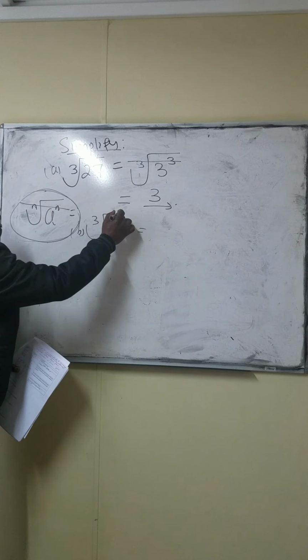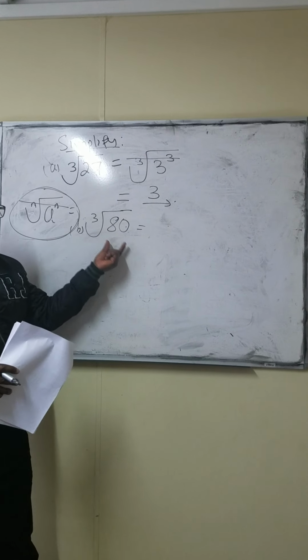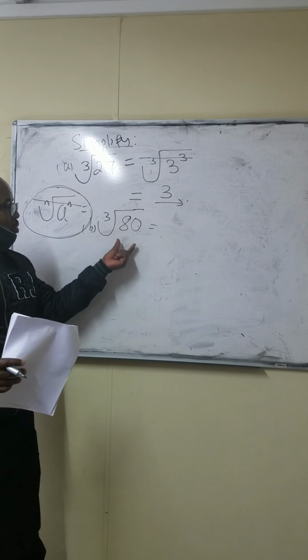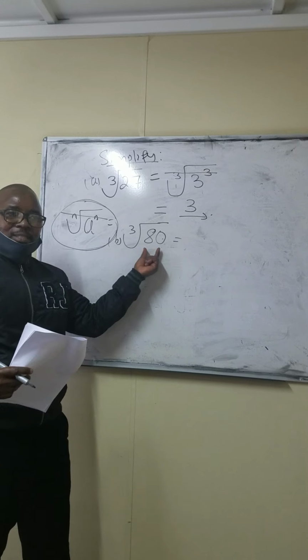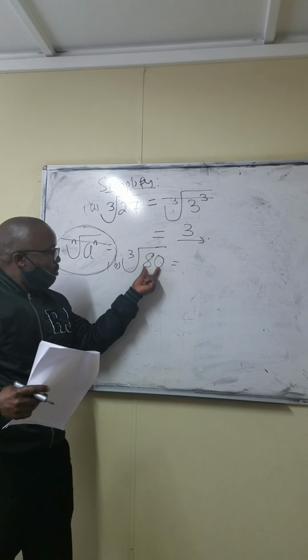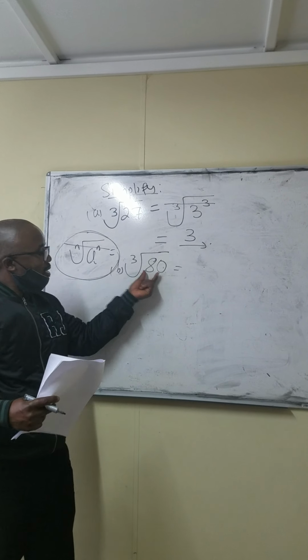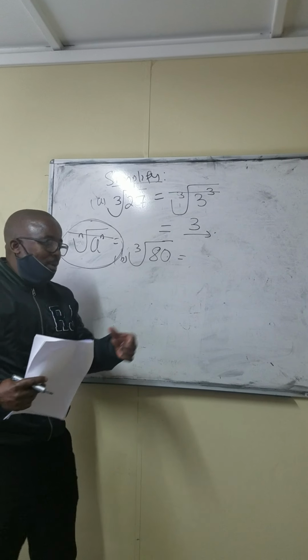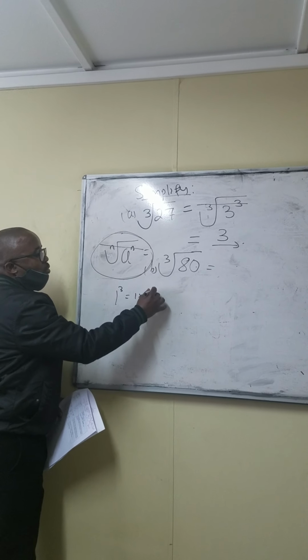Cube root of 80. You have to express 80 in terms of its factors, such that one of the factors is the highest possible cube. 80 is not a cube number, but from 80 we can get a cube number. Cube numbers are 1 cubed, which is 1 times 1 times 1.